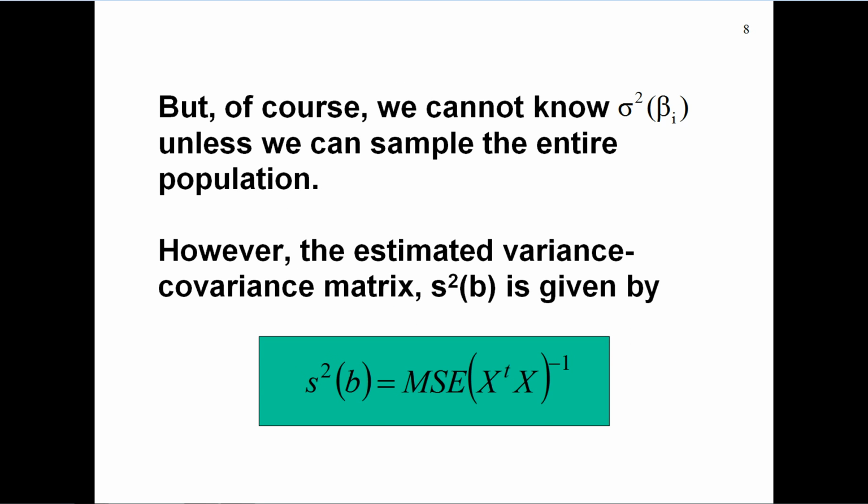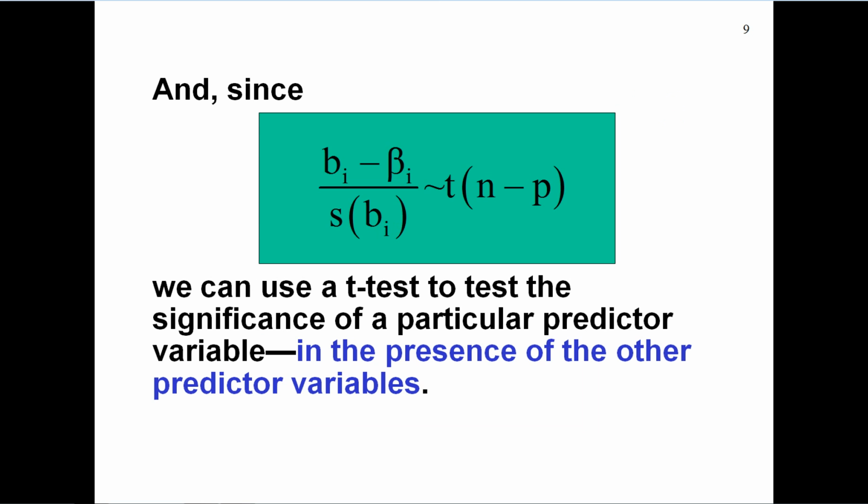Then pulling off the main diagonal of that estimated variance covariance matrix the estimated standard deviation associated with each of the estimators, we could produce a test statistic which has a t-distribution, in this case with n minus p degrees of freedom.